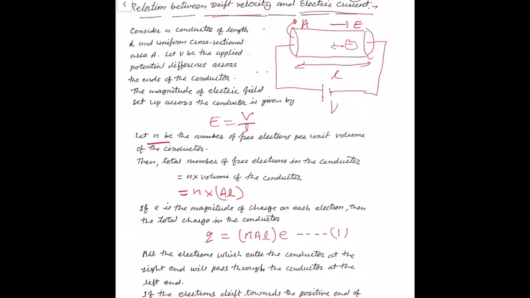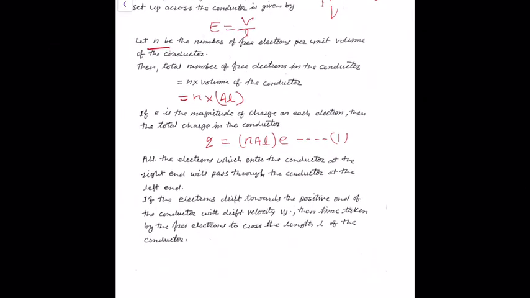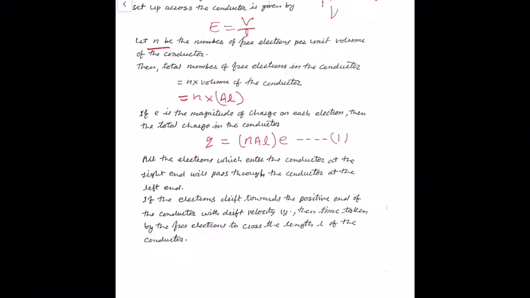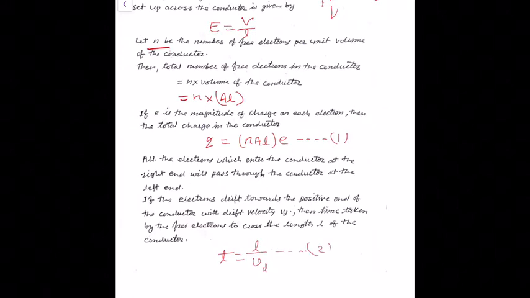Then the time taken by the free electrons to cross the length L of the conductor, t equal to L upon Vd. It is equation second.